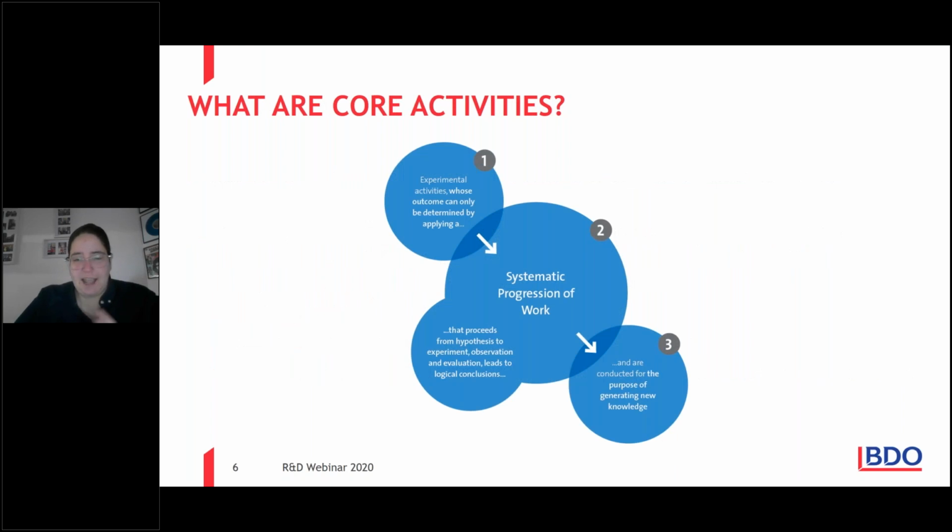And again, this links in very closely to the structure we're going to talk about later. The legislation says a core activity, an experiment, is something where you don't know the outcome. So you have to apply this systematic progression of work, which is an experimental process, for the predominant purpose of generating new knowledge.